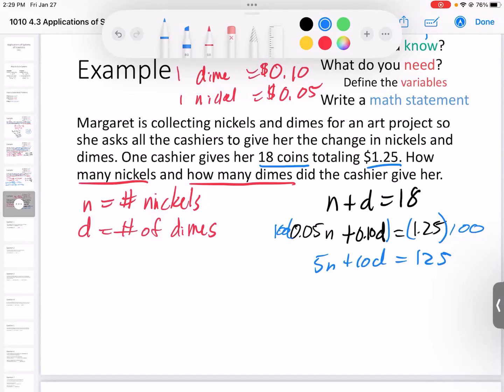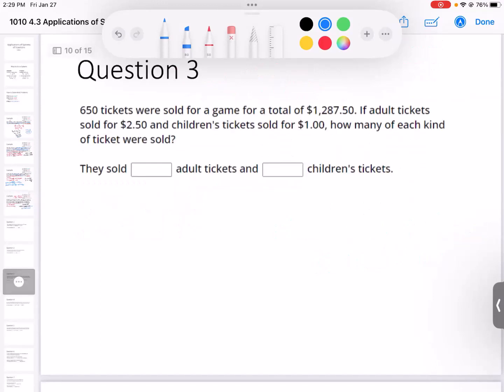Which question is it? Because it's probably 3. Okay. So it looks kind of like this one. I can do it with your numbers too, since you're the one asking the question.